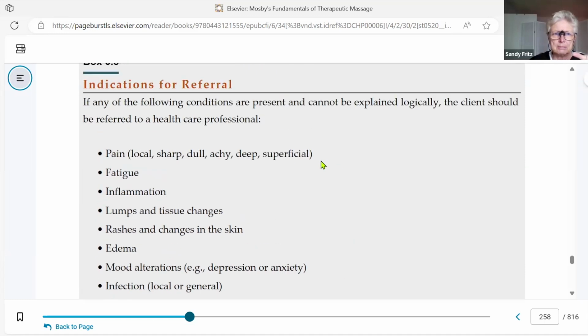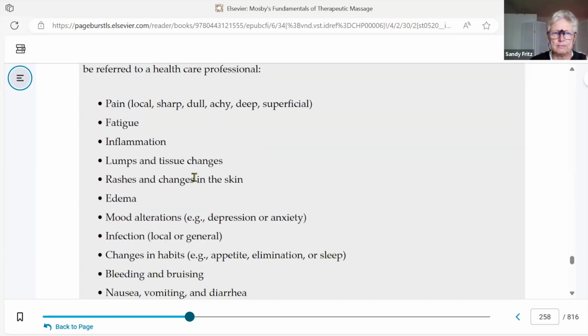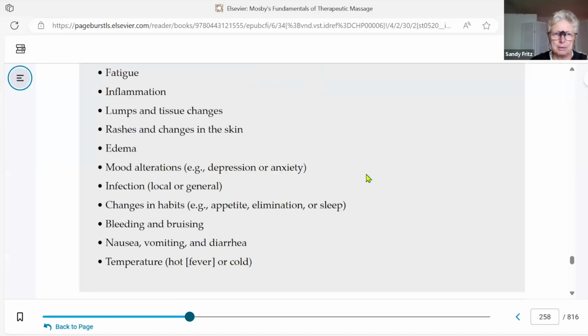We need to recognize this. We don't need to connect it to a specific condition, but we do need to know if there's a rash that's not explainable, and there might be some other symptom that goes with it.